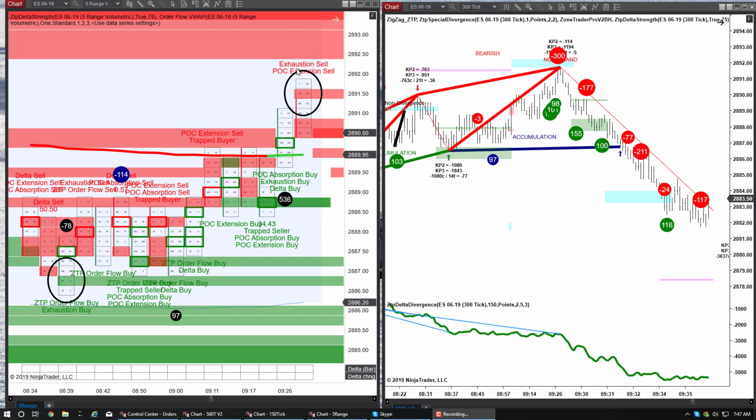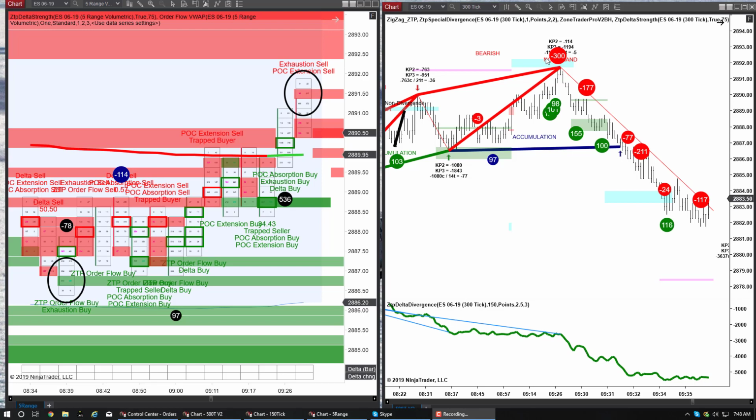We also have probably the two most powerful order flow signals, the POC extension and the exhaustion trade. As price traded lower, we were creating even more extension zones into the open. What was also important to me is that when I am trading this, I do want to see the delta strength on the chart.